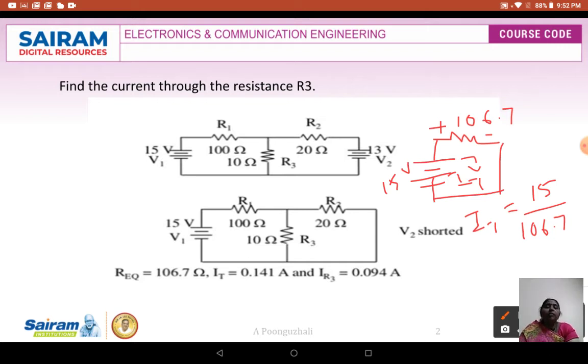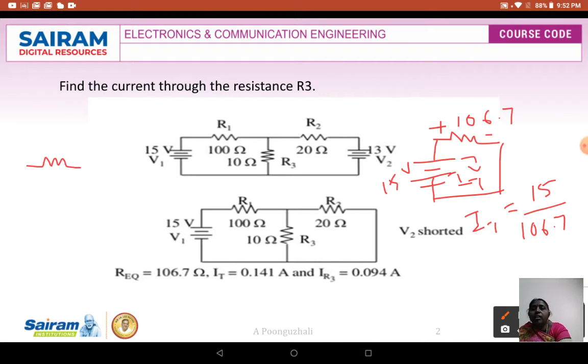Now the current flowing through the resistance R3, IR3. So now I have found the total current. Now that I have the total current, I need to find the current through R3. So I am going to redraw the circuit.